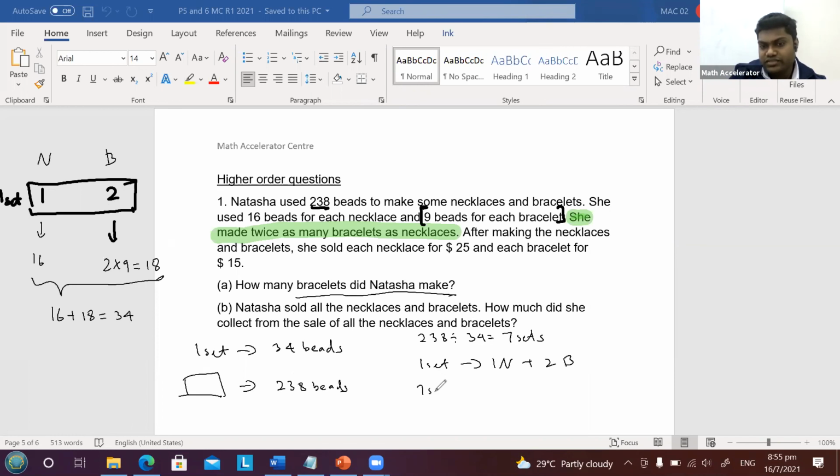If you write down 7 sets, it will be 7 necklaces and 14 bracelets. Well done. So therefore, part A is done. 14 bracelets.